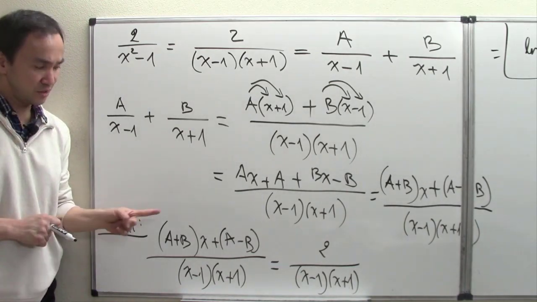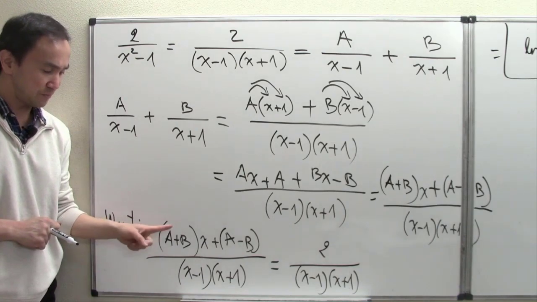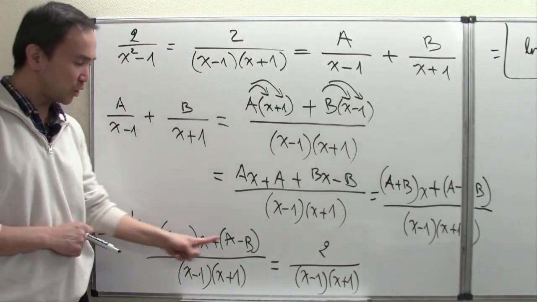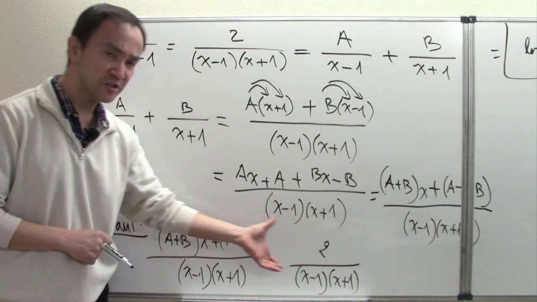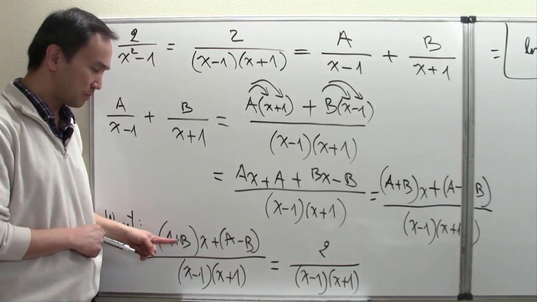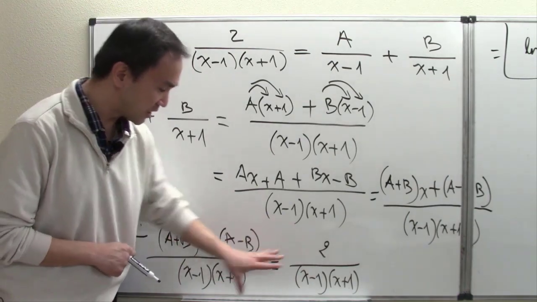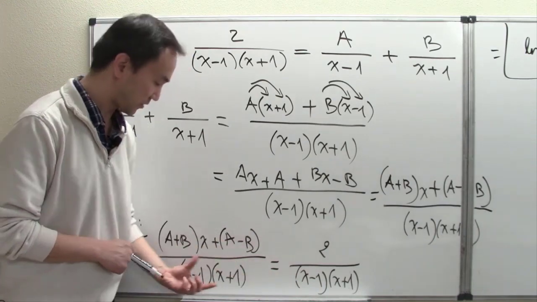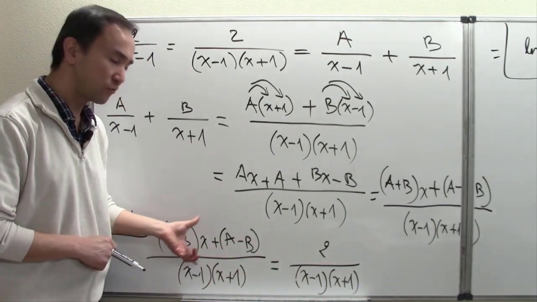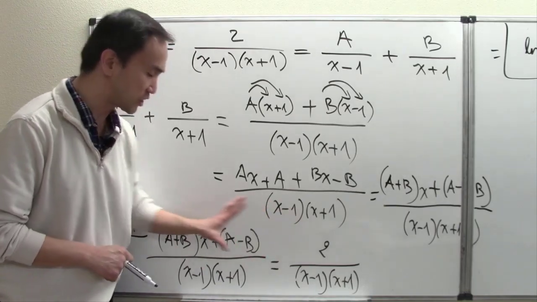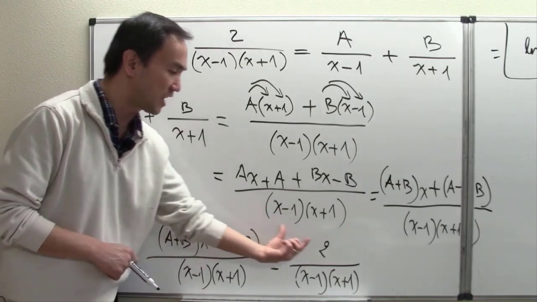You guys can always jump in and ask questions, but allow me to move on. Because we want these two fractions to equal, these need to equal each other. The two fractions already had equal denominators, so the only way for these two fractions to equal is that their numerators have to equal.